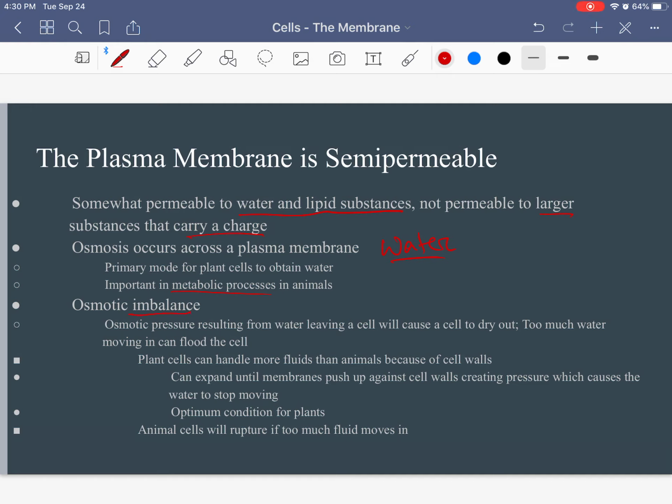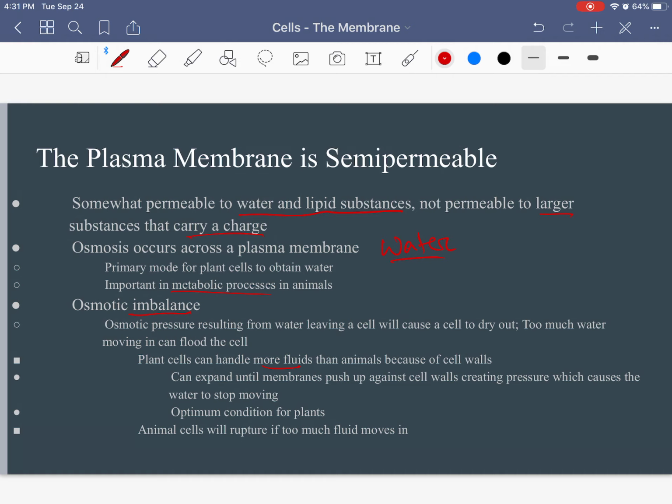If there is an imbalance, if the pressure changes in the cell because water is leaving the cell, or because too much water is added to the cell, it can cause problems. Plant cells are a little bit different because they have that cell wall. They can handle more fluids than animals.